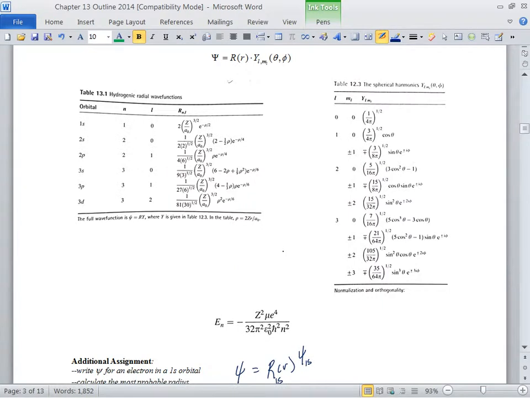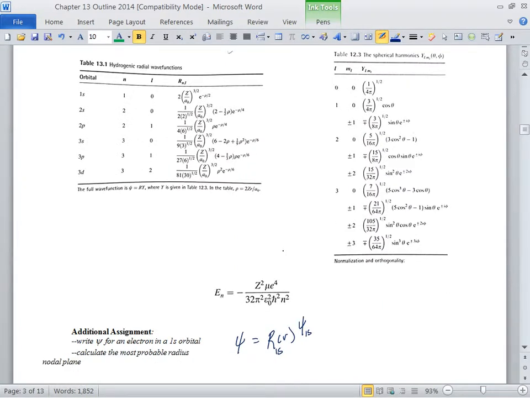Okay. And we got this nice table here. You don't have to go look in the book. So for 1s, L will be 0, and it's also written over here. It's kind of redundant information, but there's my R function.